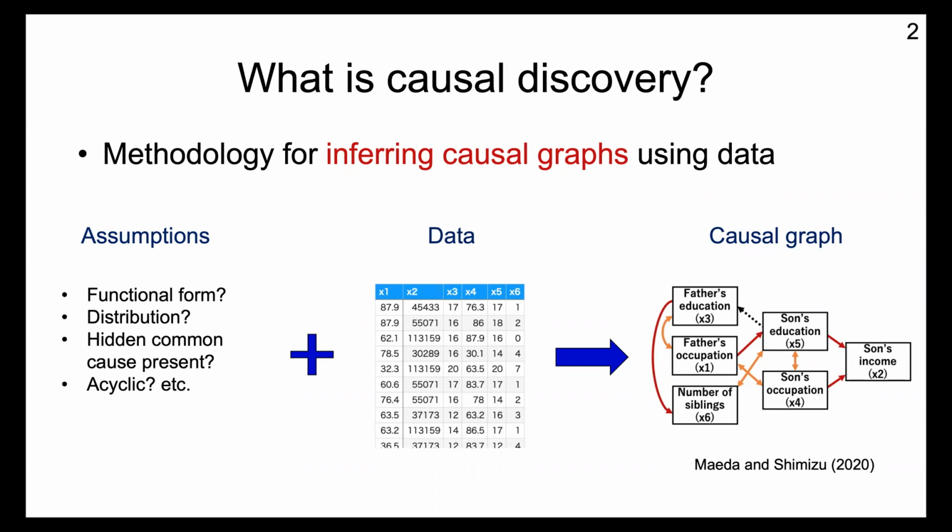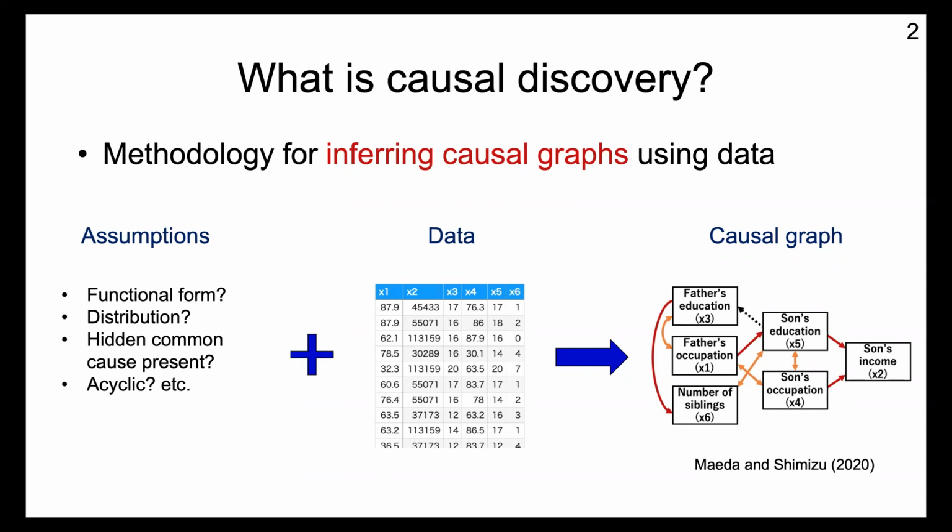So first, we may ask whether the functional form is linear or nonlinear, or maybe the function belongs to some particular class of nonlinear functions. So another assumption is about what kind of distributions observed variables follow. So are they continuous or discrete, or which class of distributions do they follow?